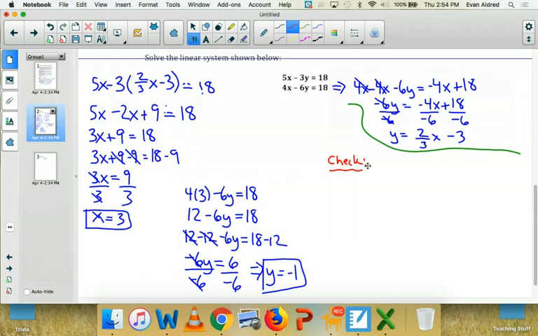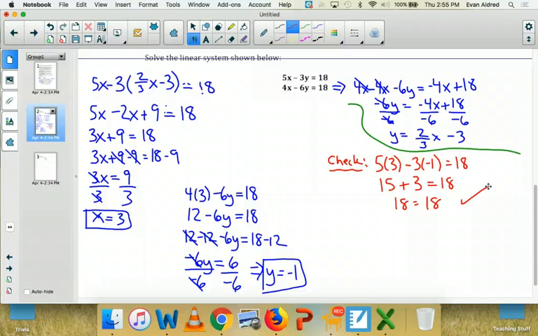And if it works with both equations, well then we're probably good, or we're almost certainly good. So we're saying x is 3, and we're saying that y is negative 1. And now when we work this out, we should get 18 on both sides. And we can see that we do. So it works with our top equation.